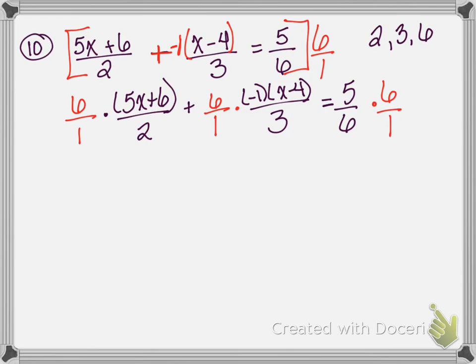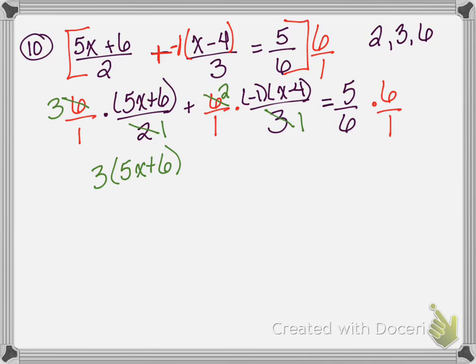So, 2 goes into 2 one time. 2 goes into 6 3 times. So I have 3 times 5x plus 6. 3 goes into 3 one time. 3 goes into 6 2 times.